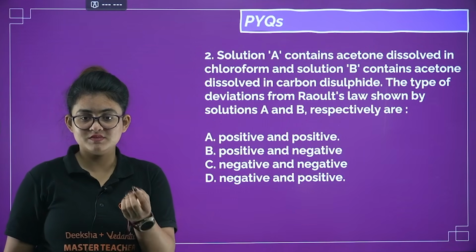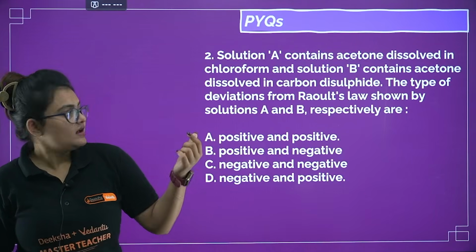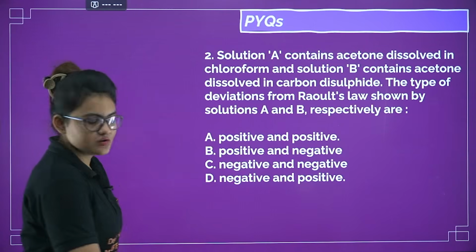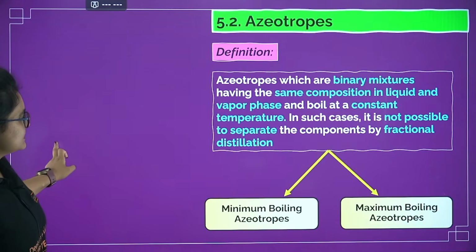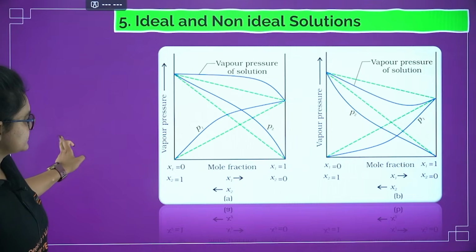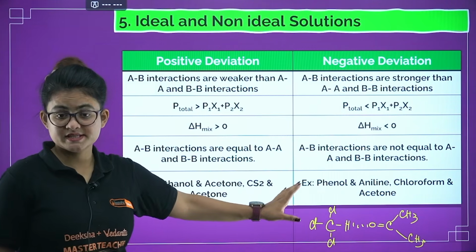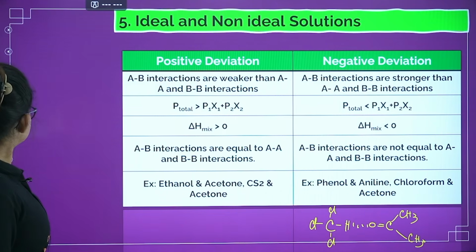I told you the reason, because they can form hydrogen bonds. And carbon disulfide with acetone shows positive deviation, right? So option B is going to be the correct one. Let me just show you once. Here comes the example. I already explained it here. I guess it's clear. Let's proceed.